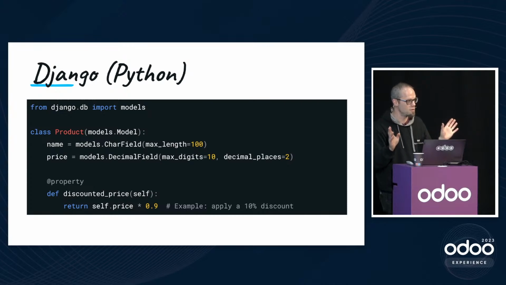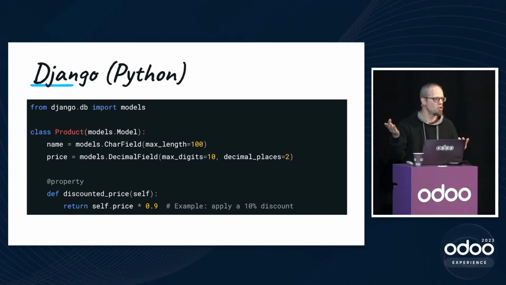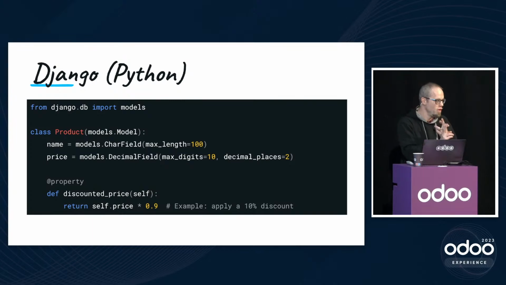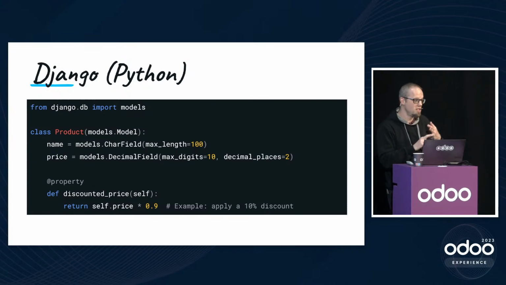That's the only difference. Besides that, it's not really a field. It's simply something like a getter method. It's computed on the fly, it's read-only, you cannot update it unless you define a setter on it, and it's not in the database.